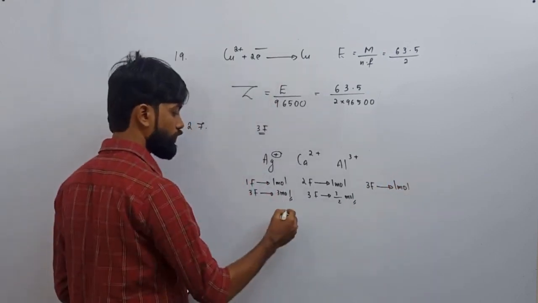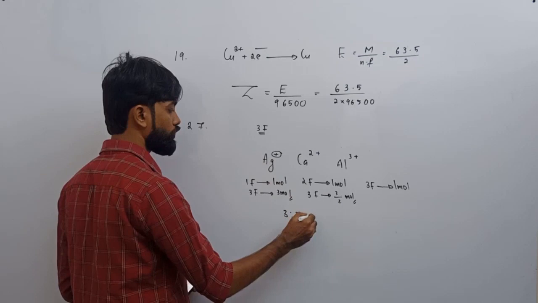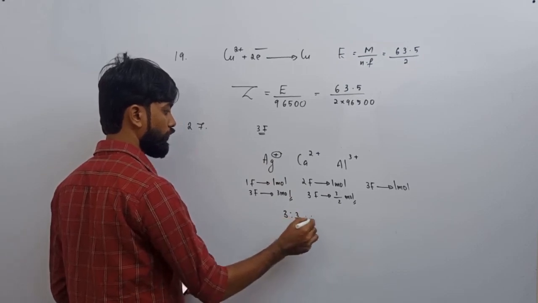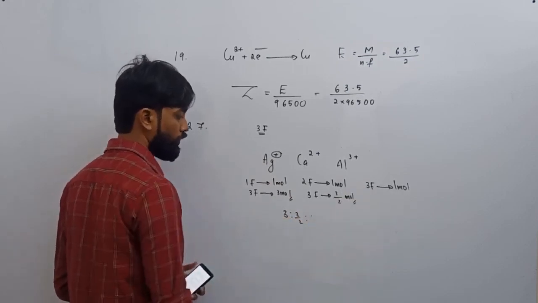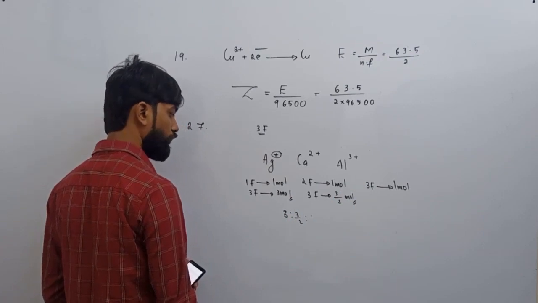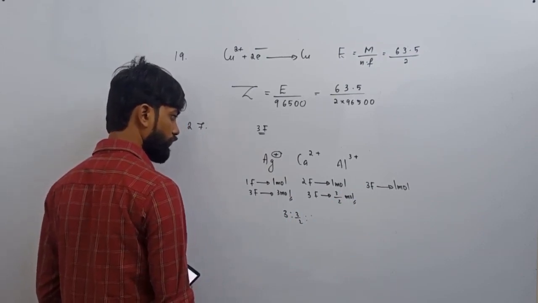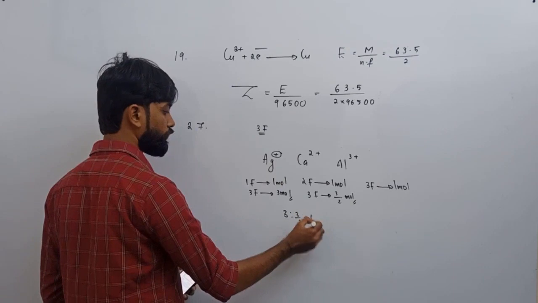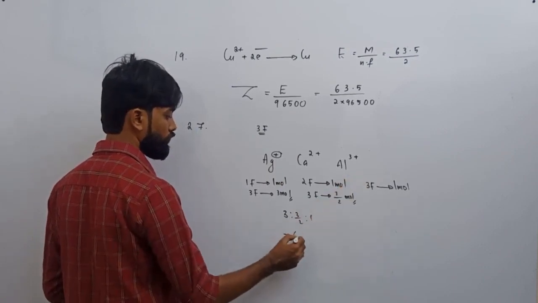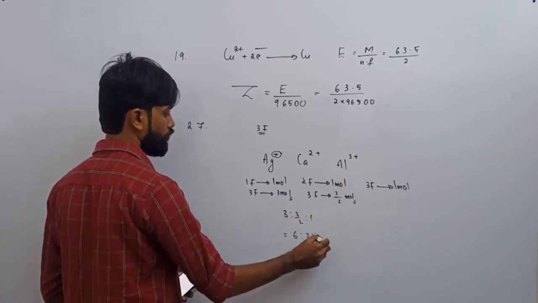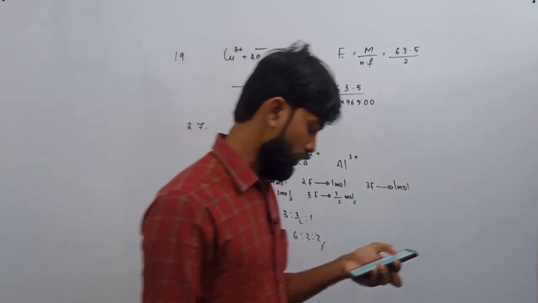So the ratio is 3 is to 3 by 2 is to 1. Yeah, 6 is to 3 is to 2 will be the answer. So the choice is 3.